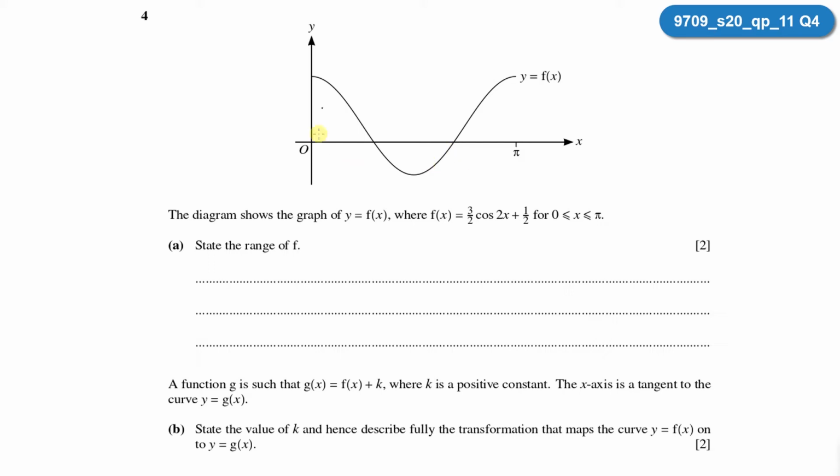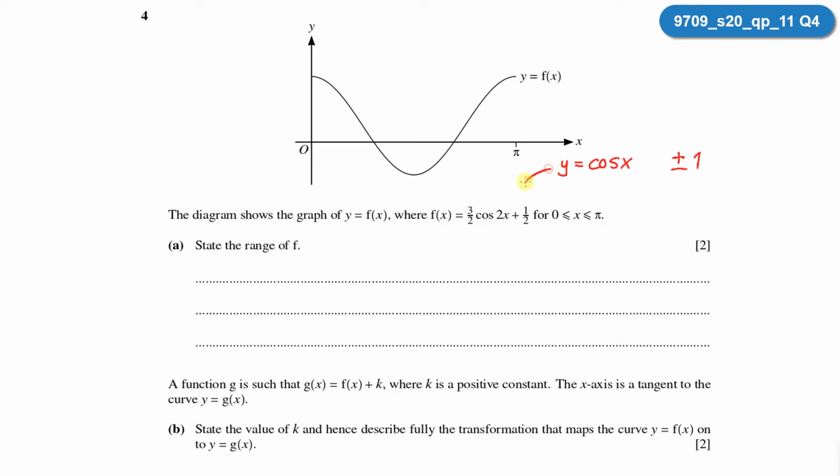Now we want the range of this function here, and it's a trig function. We know the original trig graph of y is equal to cos x, and we know that the range for the function cos x is within plus and minus 1. So y values between plus 1 and minus 1.